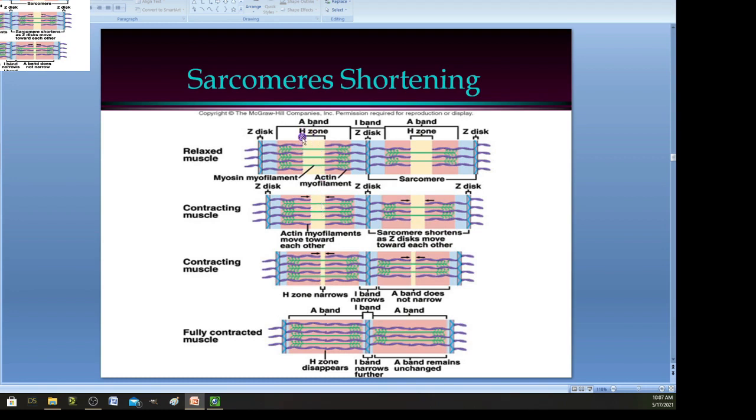And this H zone, this yellow H zone, disappears. So in a fully contracted muscle, there's no H zone anymore. And it's just gone. We also lose that I band. So the I band disappears too as the actin and myosin slide against each other.